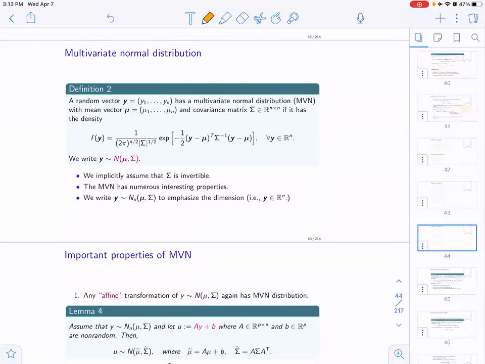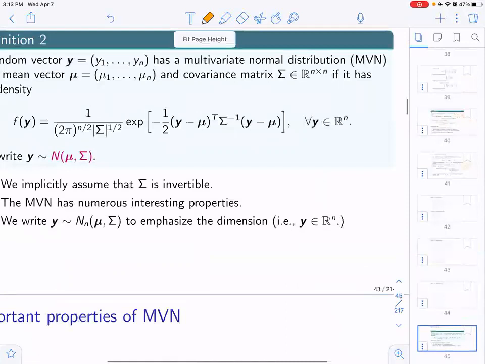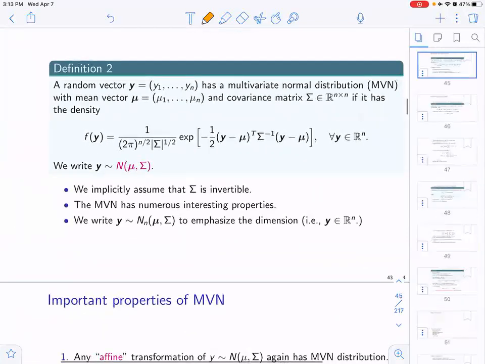The formula. For the bivariate normal distribution, or for the full multivariate? Yeah, this one. Do you remember this formula? Not 100%, but yes, I saw it.